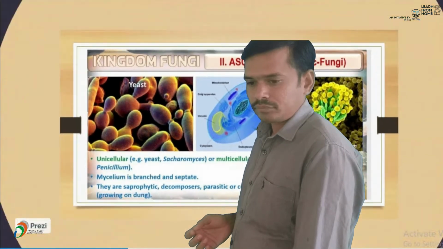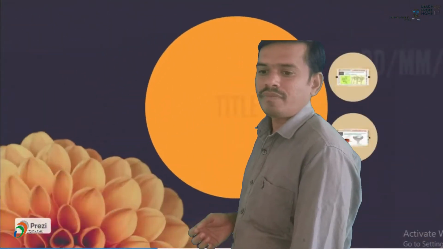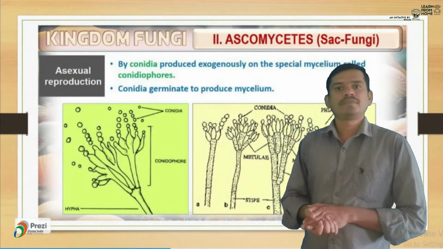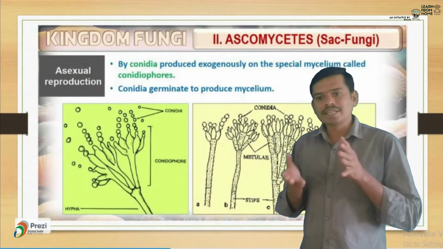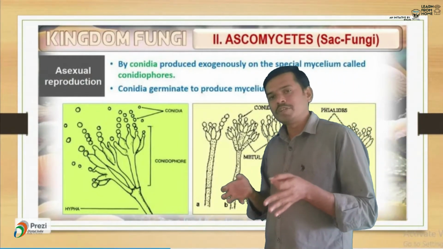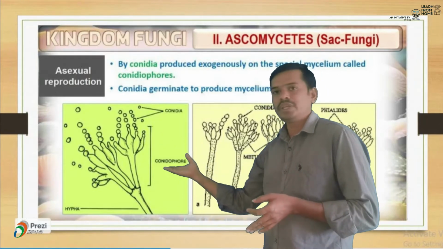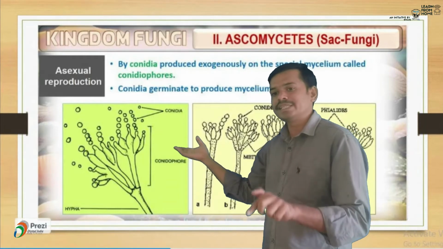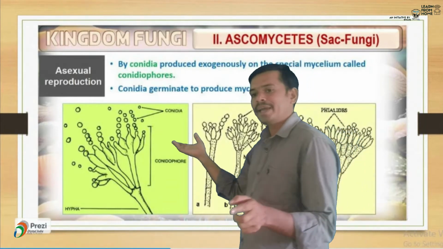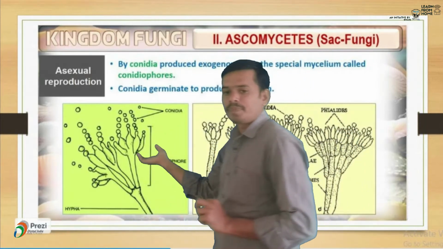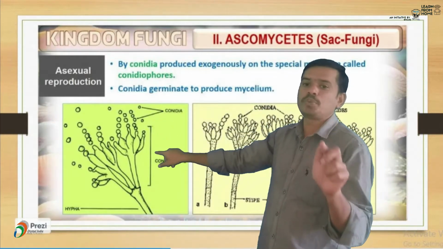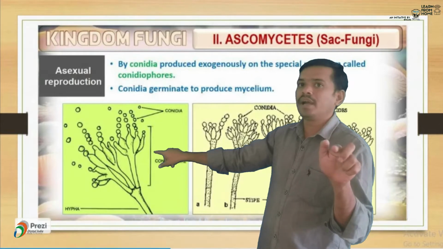Next, characters of Ascomycetes. Asexual reproduction mostly occurs through conidia. The conidia are produced exogenously on special mycelium called conidiophores.